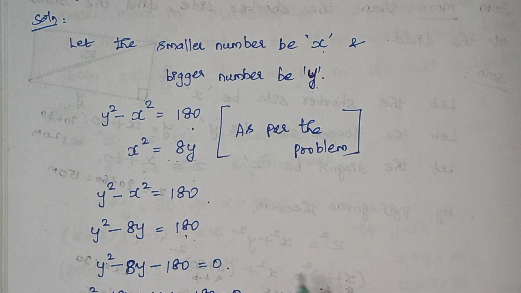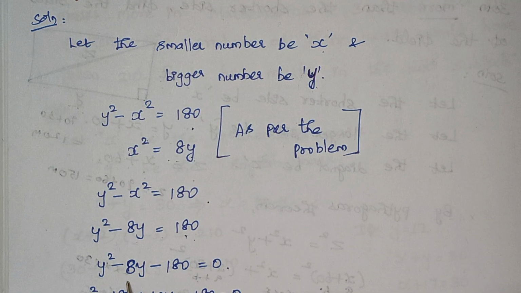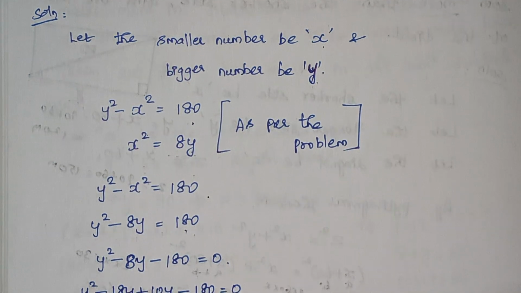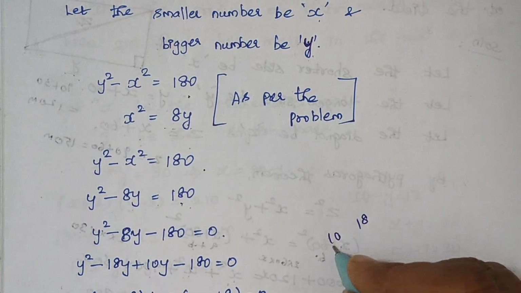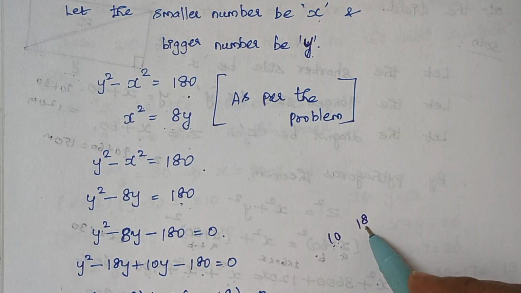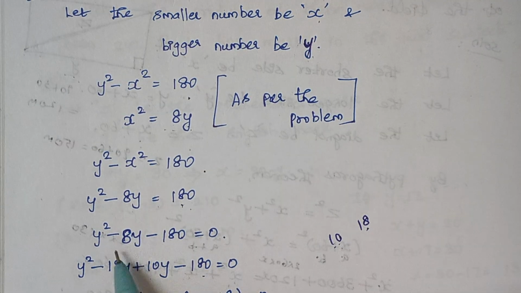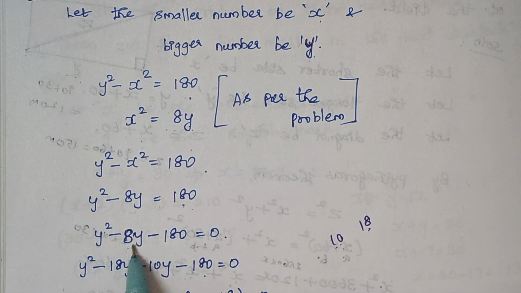Here again you have to select two numbers in such a way that when you multiply you get 180 and when you add or subtract you get 8, that is minus 8 and minus 180. So first we start with 10 and 18. 10 into 18 gives you 180, and 18 minus 10 gives you 8. Here you need a minus sign, since we have a minus 8.